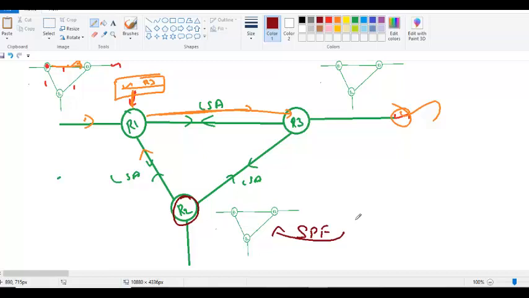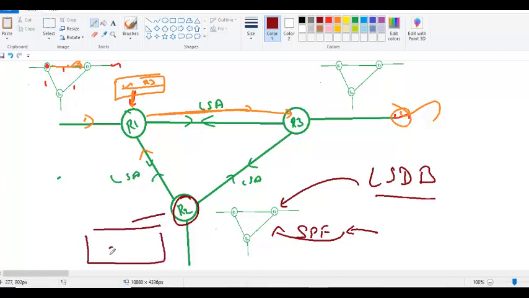This is LSDB. What is running on that LSDB? The SPF algorithm. For each destination, the best path will be picked up, and that best path alone will go into the routing table. The route that is seen in the routing table will only be used whenever the packets need to be forwarded.